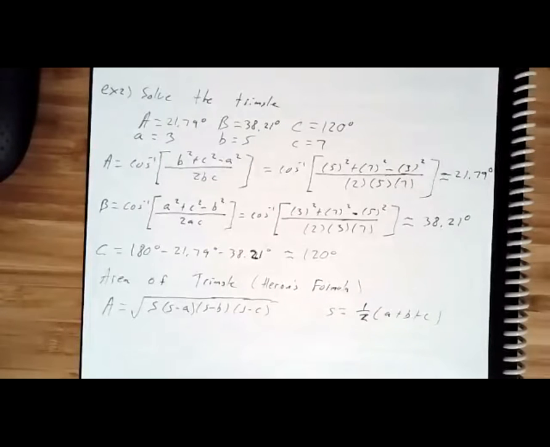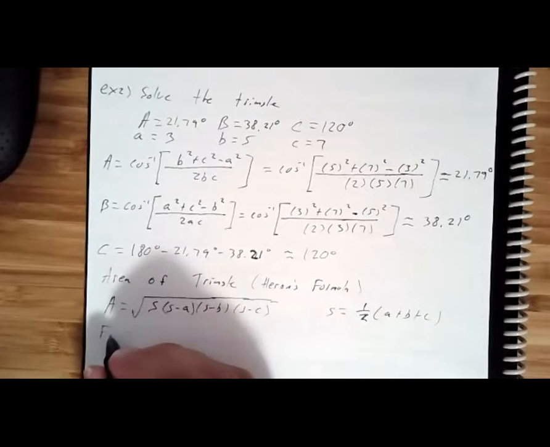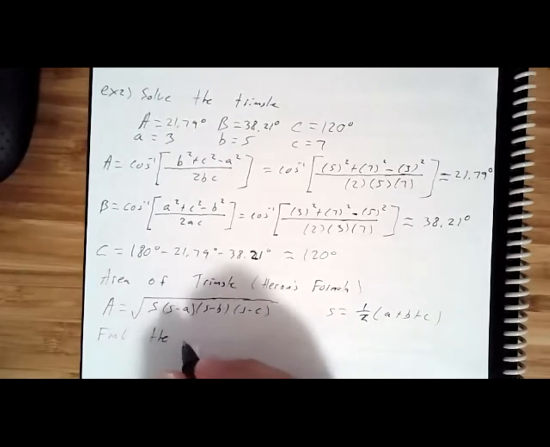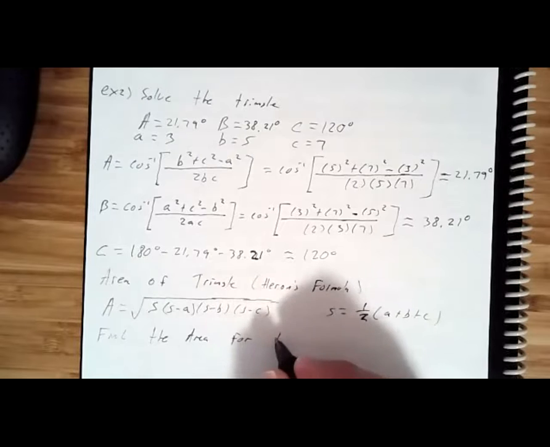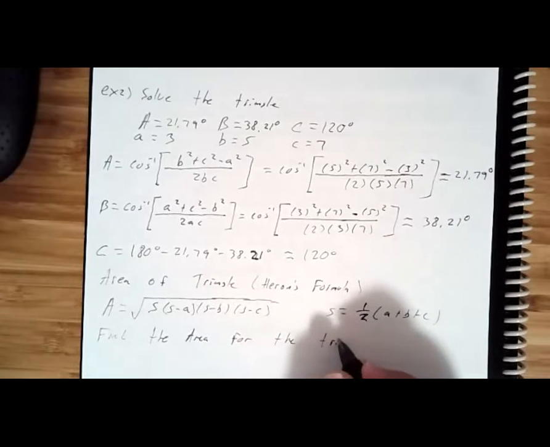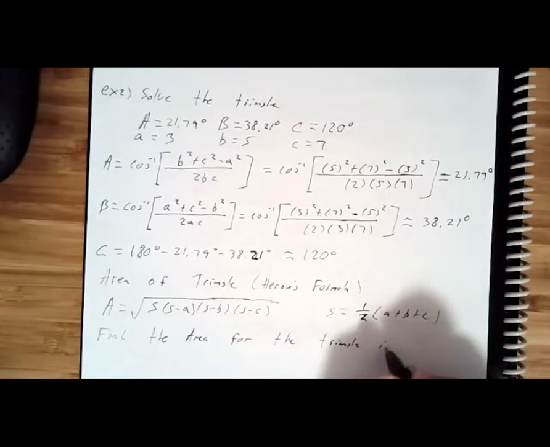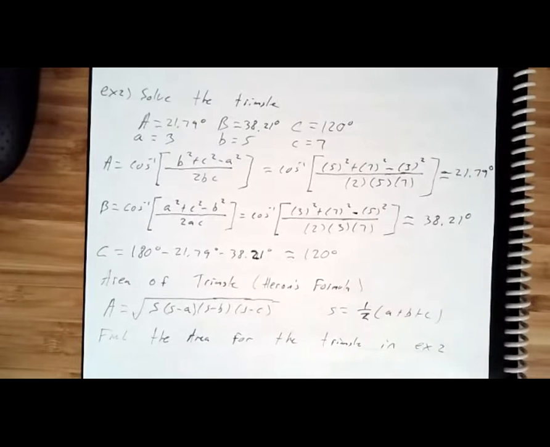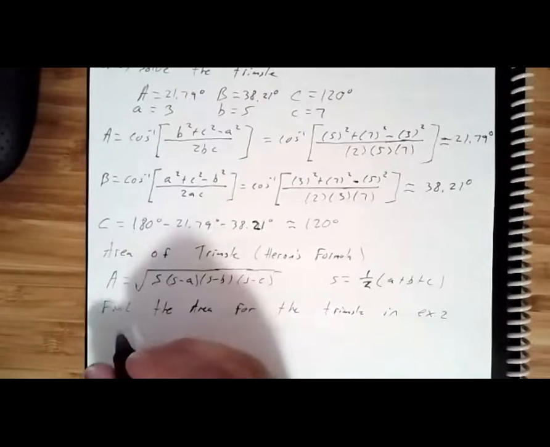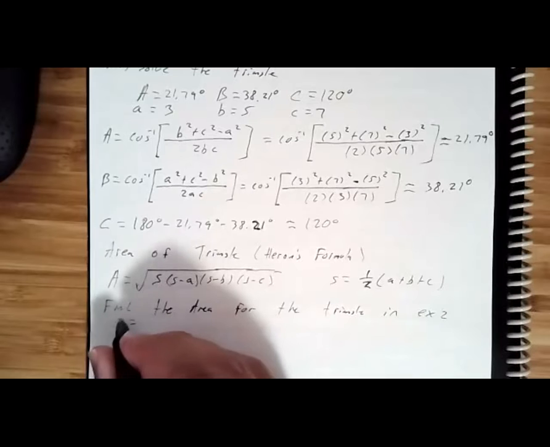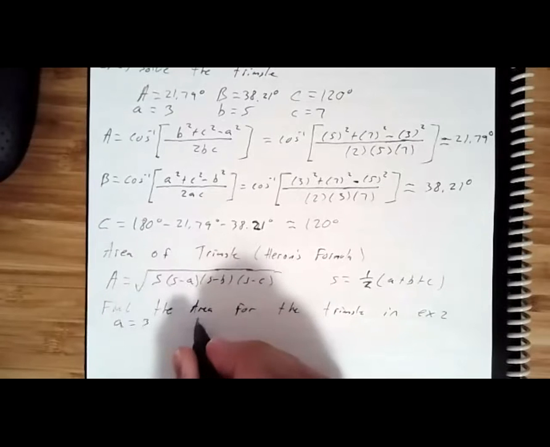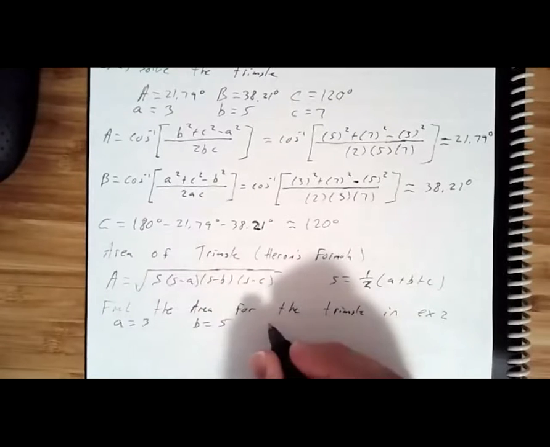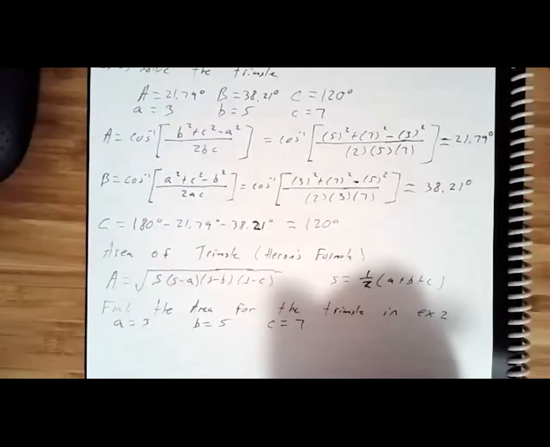So if we try to find the area of, let's say, the triangle in example 2, all we need is the sides. So a is equal to 3, b is equal to 5, c is equal to 7.